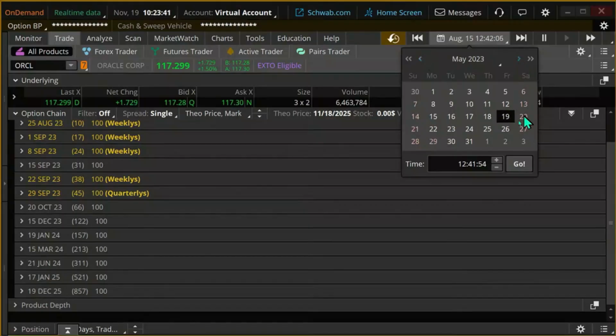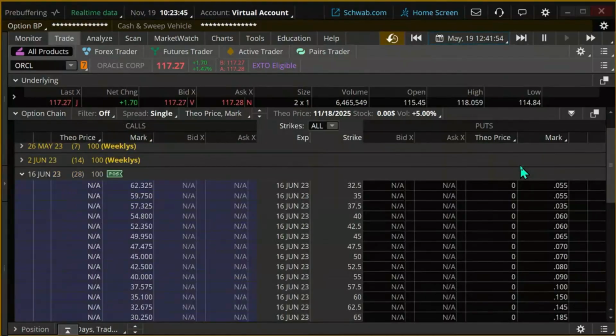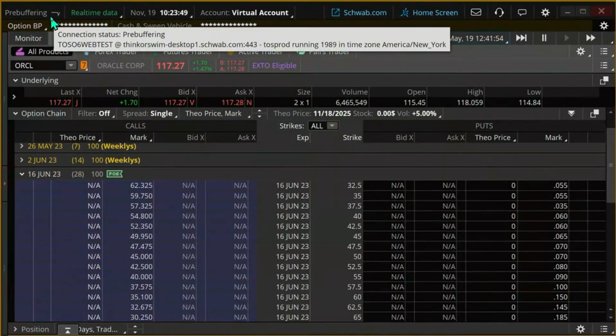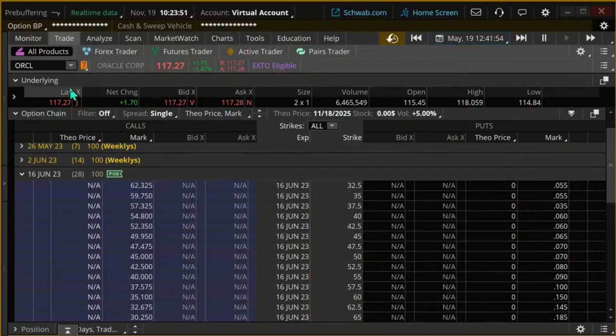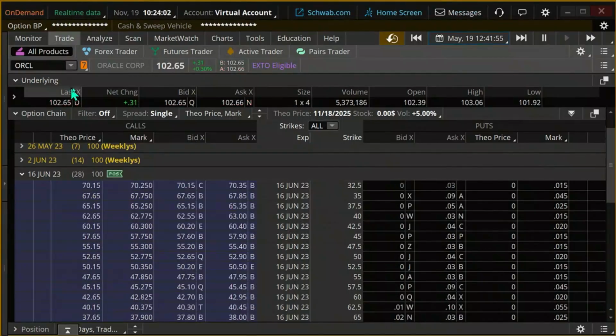Well, in this case, here's what I'm going to do. I'm just going to go to May 19th. On May 19th, we won't hold it as long. We're going to wait. And this is one reason why I often don't demonstrate on demand. It gets a little tedious waiting for the pre-buffering, especially when we're teaching a webcast.